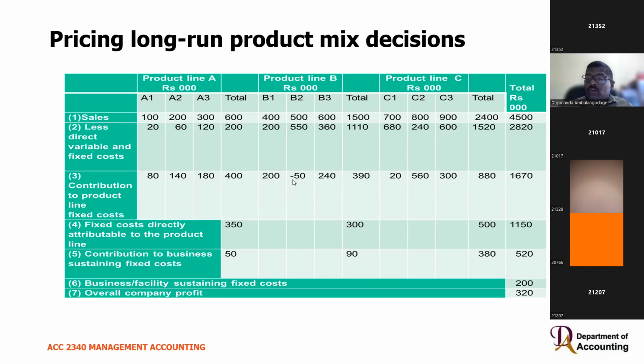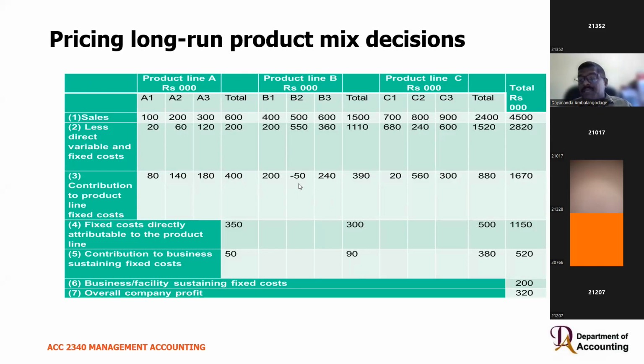What would be the government rules and regulations? What is the nature of the competition? So many factors. What will happen to the employees of this particular division, this particular product B? What will happen to the experts involved in B2? Your social responsibility. So many factors, internal and external, should be considered before closing down product B2.